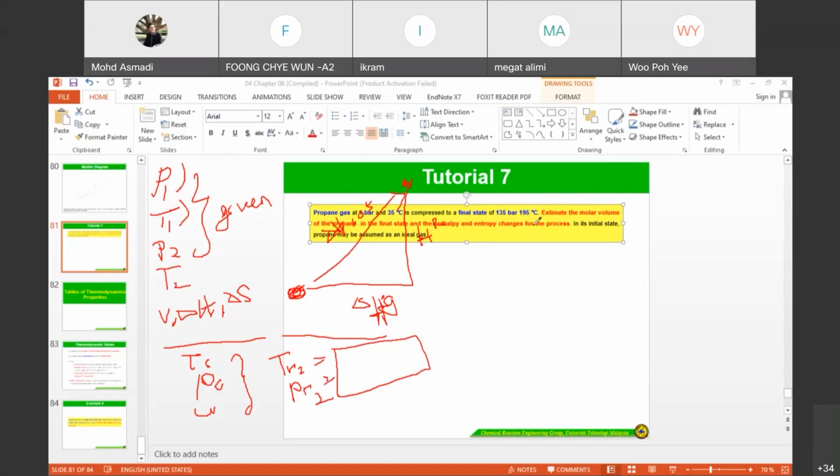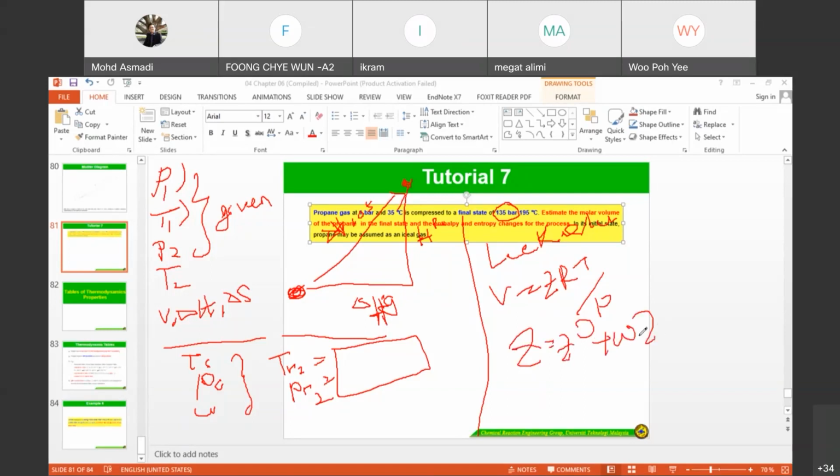Since at 135 bar, the equation that you have to use is Lee-Kesler. V equals Z R T divided by P, where Z equals Z naught plus omega Z prime.